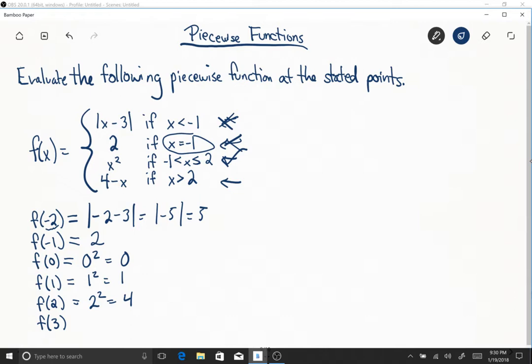So 3 is not less than -1. 3 does not equal -1. 3 is not between -1 and 2, so it's out of this one now. But 3 is greater than 2, so we plug it into that fourth equation. You get 4 minus 3, which equals 1. Now, one last bit on this, just so we can kind of see what happens. Let me actually draw this out.